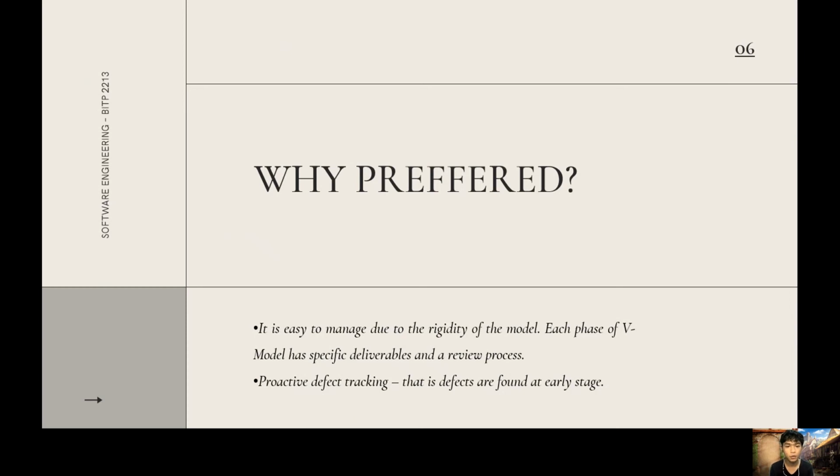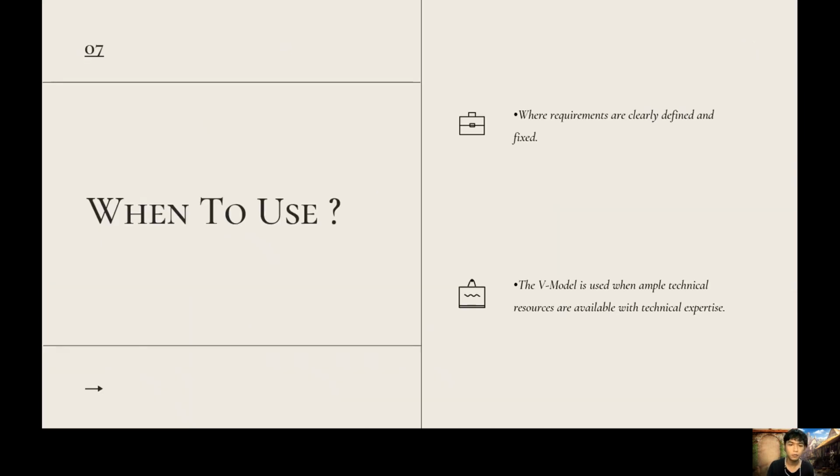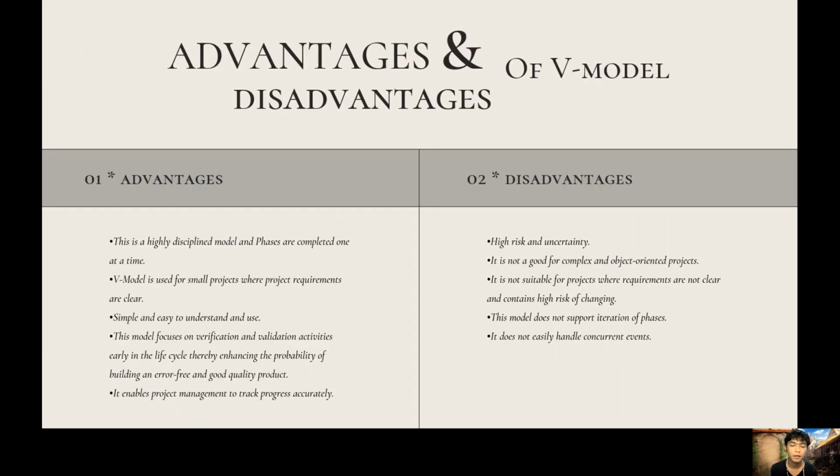The second one is proactive defect tracking, that is, defects found at an early stage. So, when to use the V model is where the requirements are clearly defined and fixed. The second one is that the V model is used when ample technical resources are available with technical expertise.